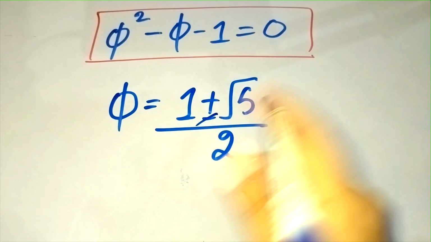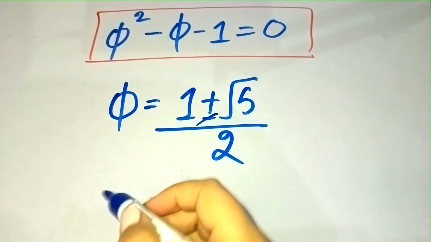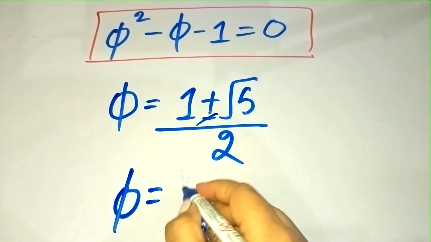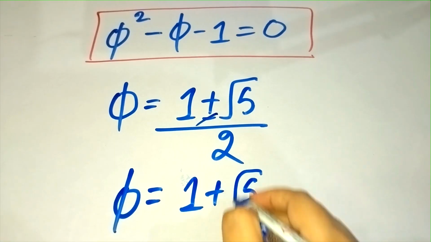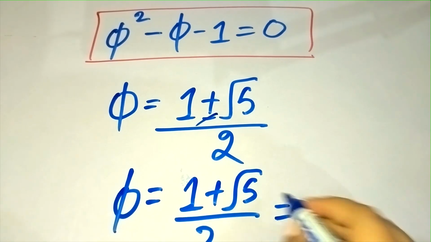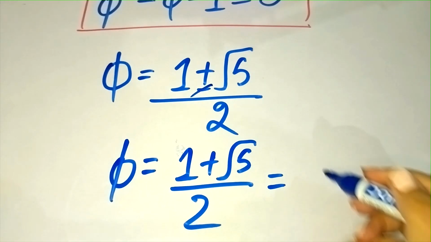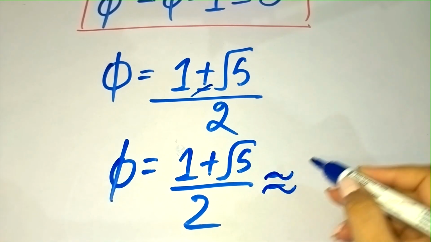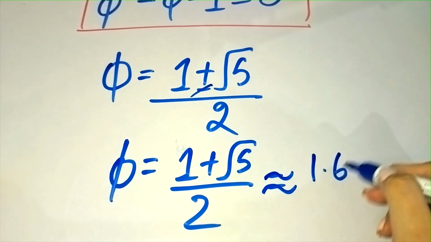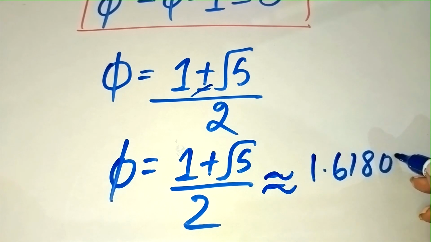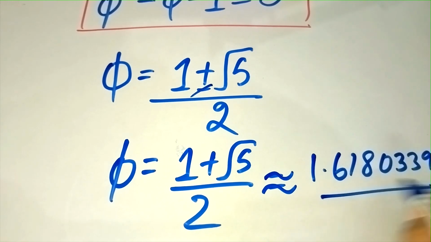So phi will be equal to (1 plus root 5) upon 2, which is approximately 1.6180339887. It's an irrational number.